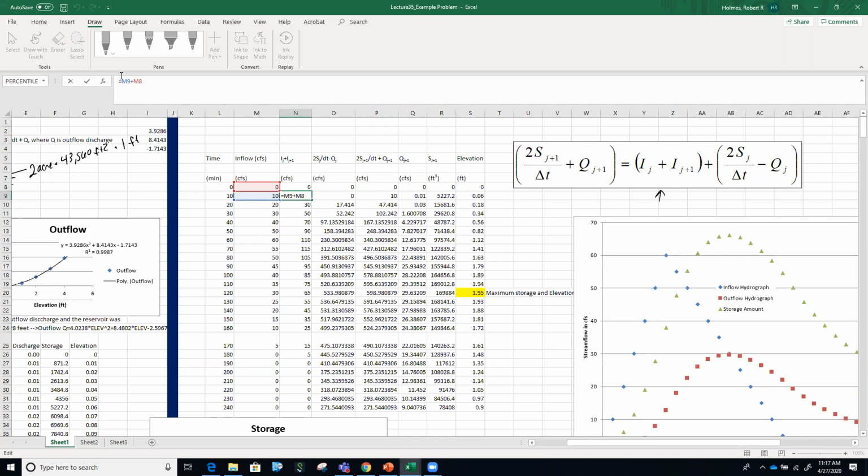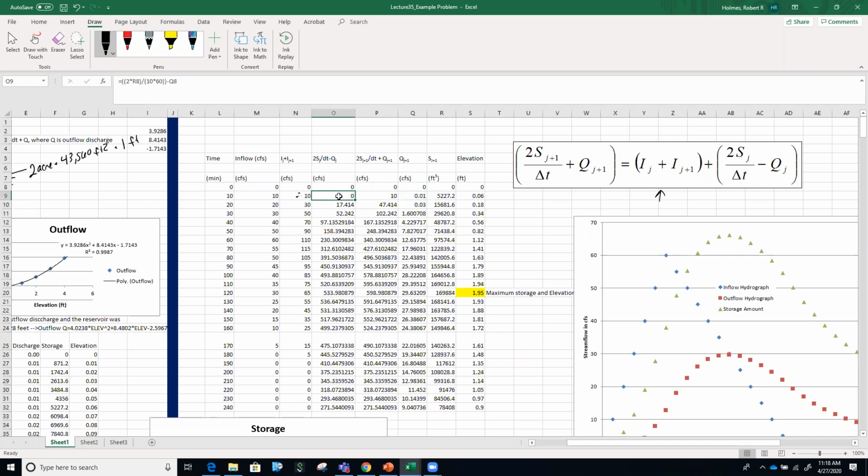So Ij plus 1 would be 10, and Ij is equal to 0, because I'm on row 9, where I'm modeling. I'm trying to get a storage value and essentially a Qj plus 1 value for that time step. The first order of business is calculating Ij plus Ij plus 1.